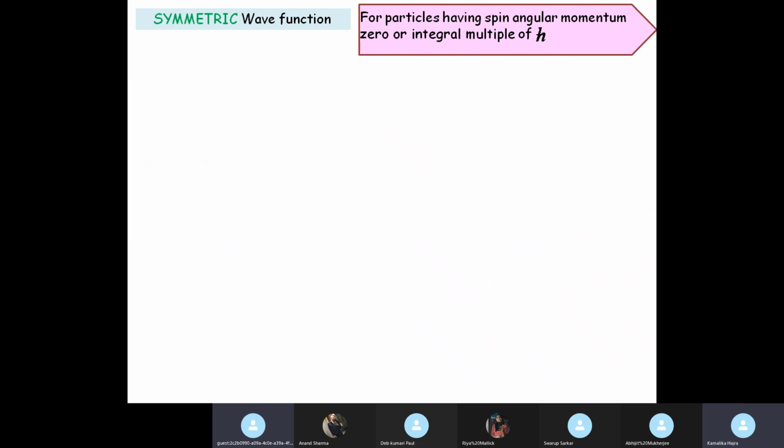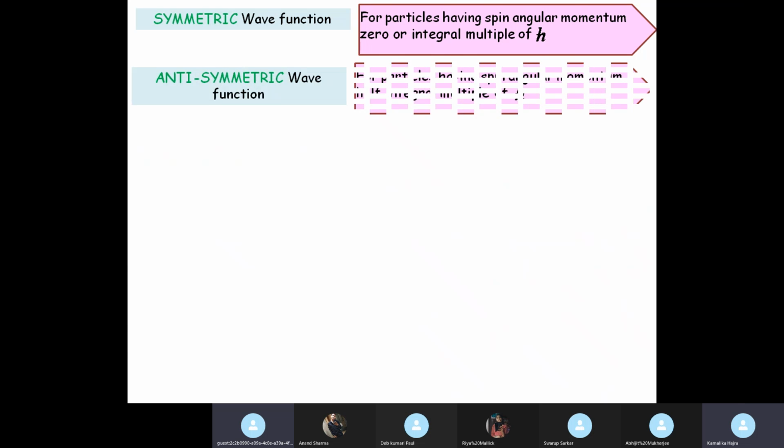Now, when there is a symmetric wave function, the particles should have angular momentum 0 or an integral multiple of h cut. So the particles which have angular momentum either 0 or integral multiple of h cut are the ones which have a symmetric wave function.